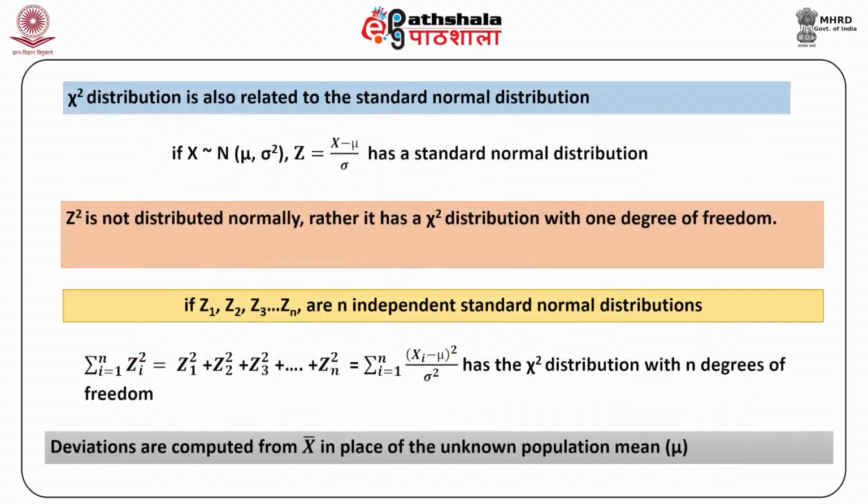The chi-square distribution is also related to the standard normal distribution, in fact. We have learned in our earlier module that if x is distributed normally with mean mu and variance sigma square, then z is equal to (x minus mu) upon sigma, which has a standard normal distribution.